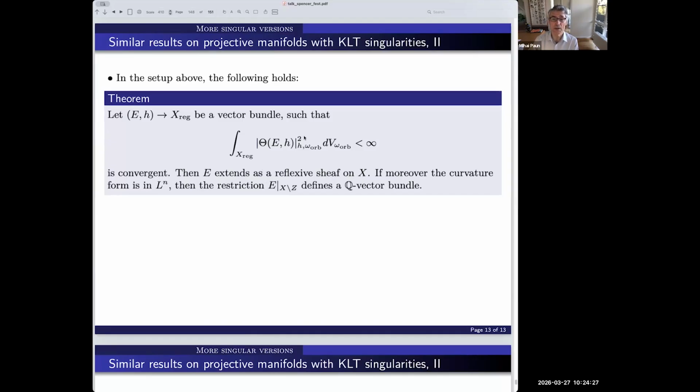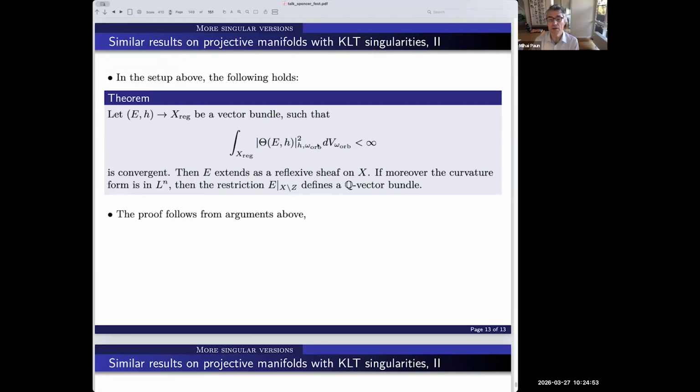And if moreover, instead of 2 here, we have N, then the restriction to X minus Z defines a Q-vector bundle. That is to say, when we pull back E with respect to the local uniformizations of X, it becomes an honest vector bundle. Just one word about the proof: it's the arguments above.